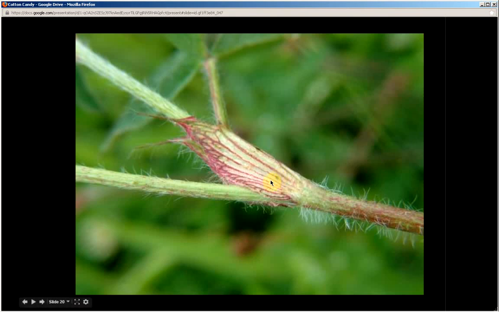Remember the compound leaf at the base of the leaf stalk will grow this extra appendage or growth. There are 2, they're leaf-like, and there's 1 on each side of the compound leaf stem.